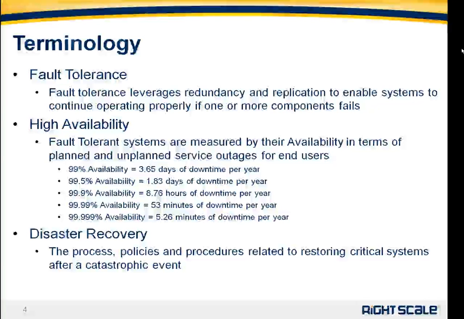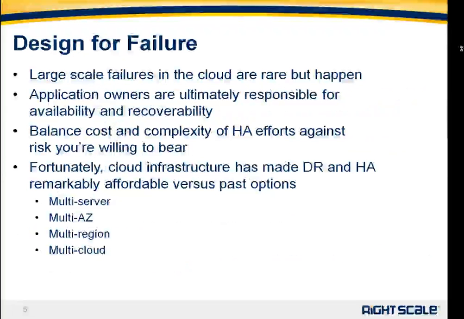And you can see we've multiplied out what those various levels of availability mean in terms of acceptable downtime over the course of 1 year. Disaster recovery is the process, policies, and procedures related to restoring critical systems after a catastrophic event.